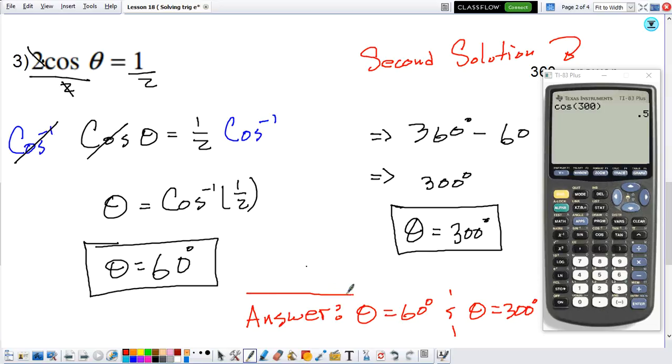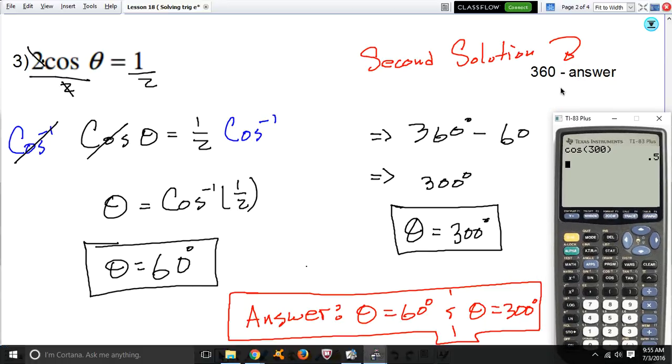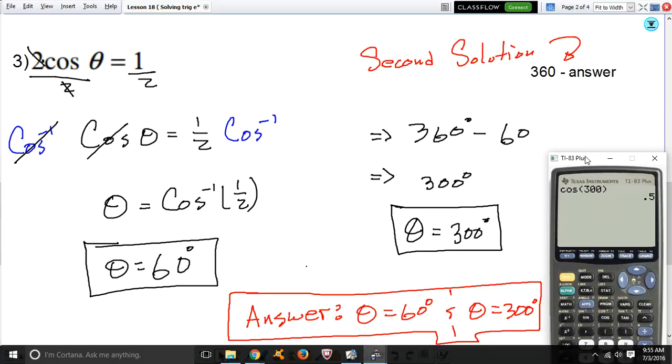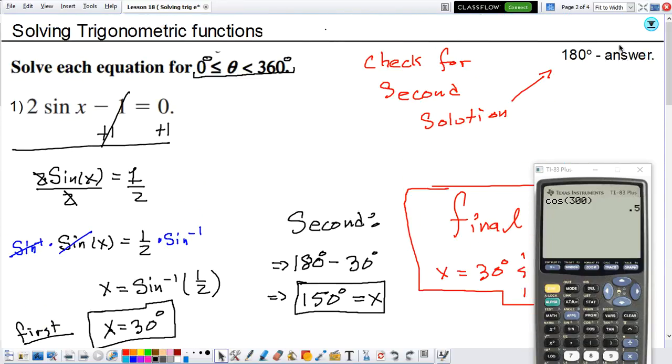Again, you don't have to check every single problem, but because it's the first time that you're exposed to it, we just want to make sure it's true. But you're always going to find the second solution this way. If we multiply by cosine inverse, you got to check for the second solution, 360 minus the answer. And if you multiply by the sine inverse, it's 180 minus the answer.